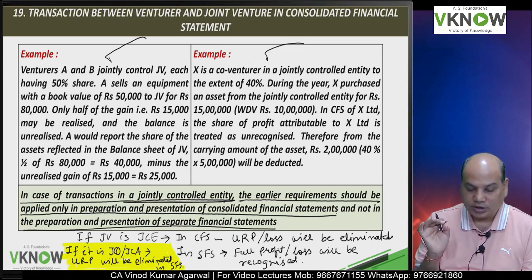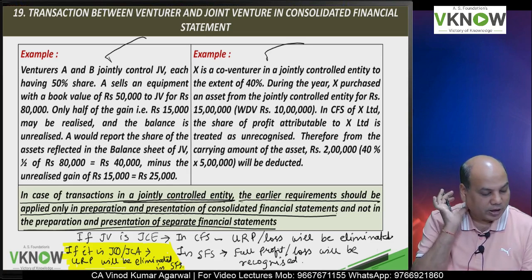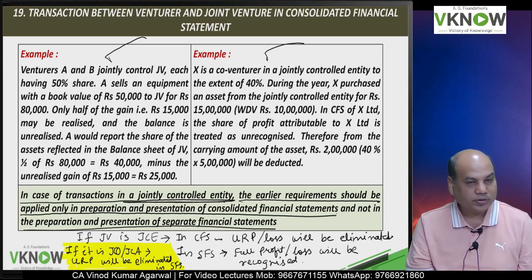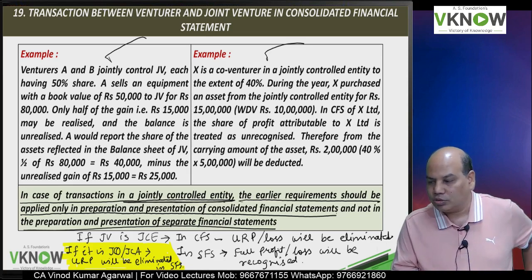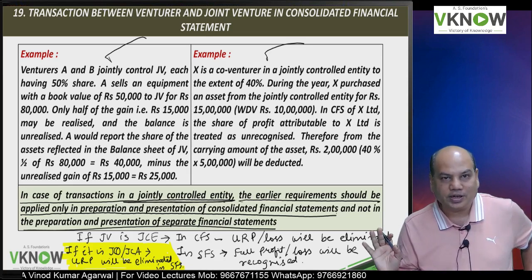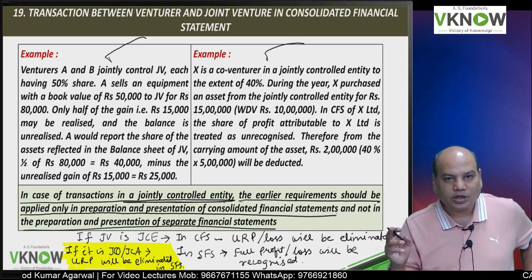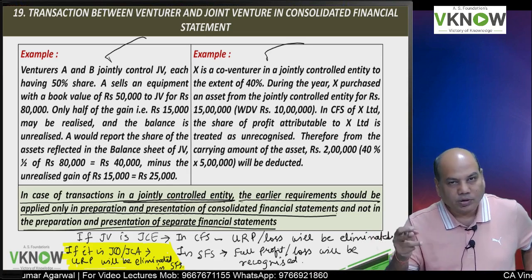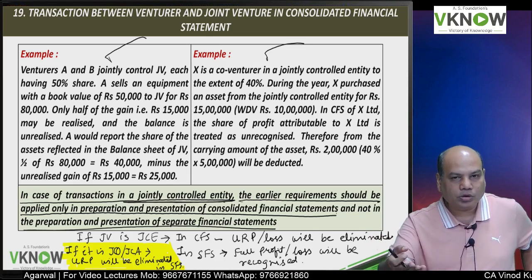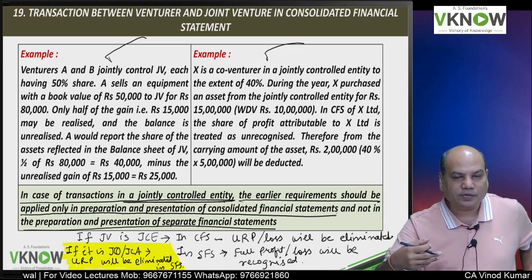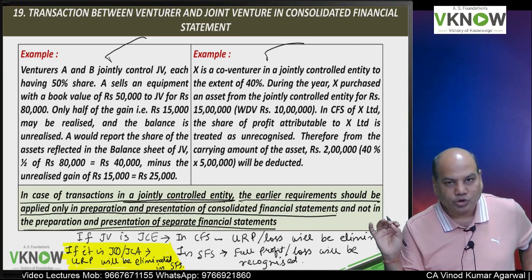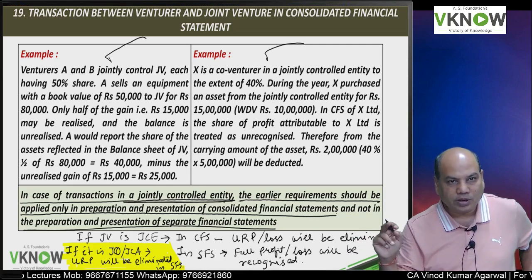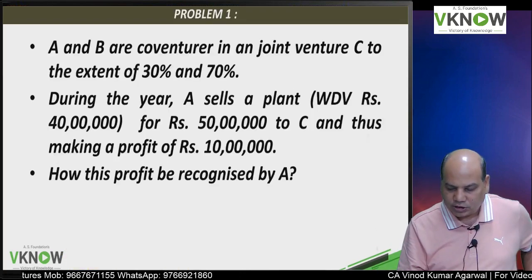But if it is JCE, the unrealized profit will be eliminated in consolidated financial statement. For JCO and JCA, there is no new entity created, and therefore whatever adjustment we have discussed will be done in SFS. Automatically, if you are preparing CFS, it will get transferred to CFS also. But if it is jointly controlled entity, the elimination will be done only in CFS.